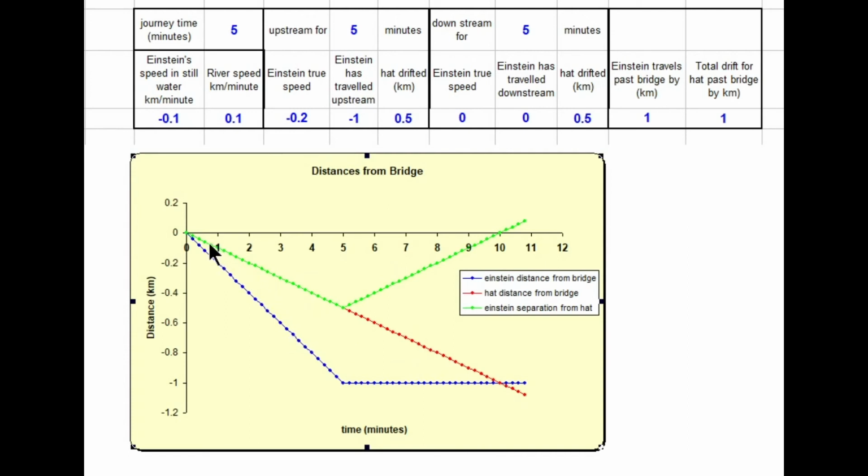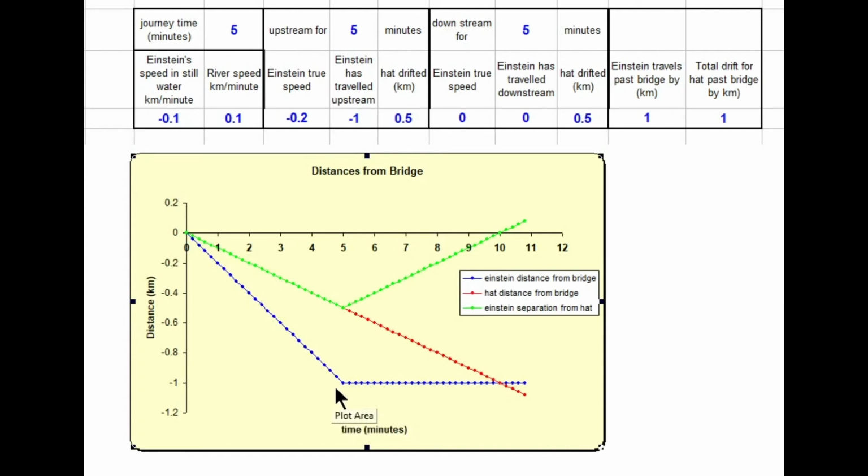The Einstein hat separation of this one is going to be along the same line, but now Einstein is going way past it. He's now outstripping the hat. After 5 minutes he thinks, oops, my hat's fallen off. So what he does is he turns around and now rows upstream.